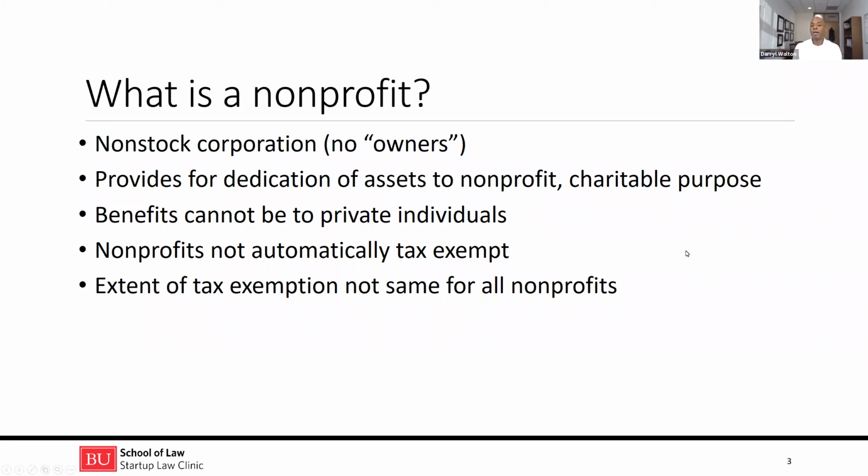So you might start a nonprofit, but there's no ownership of that nonprofit.